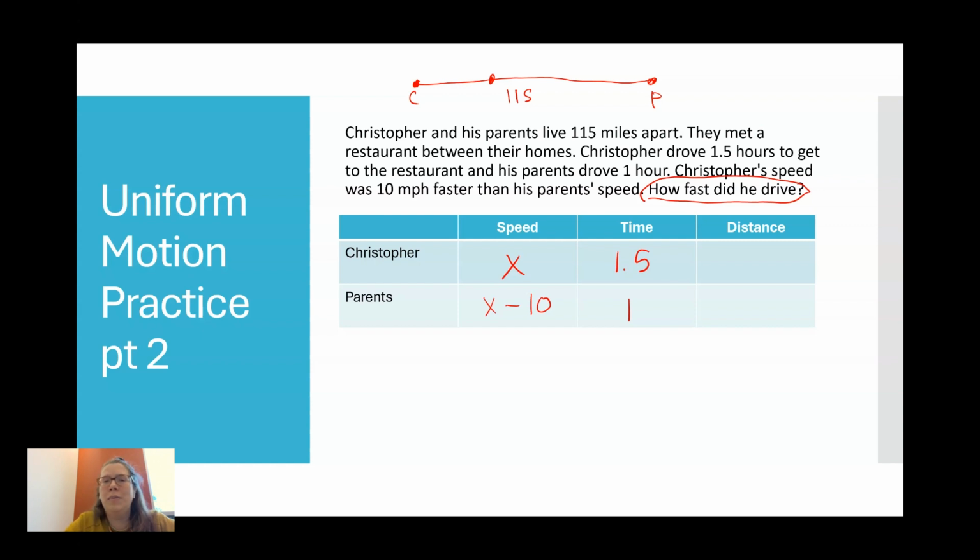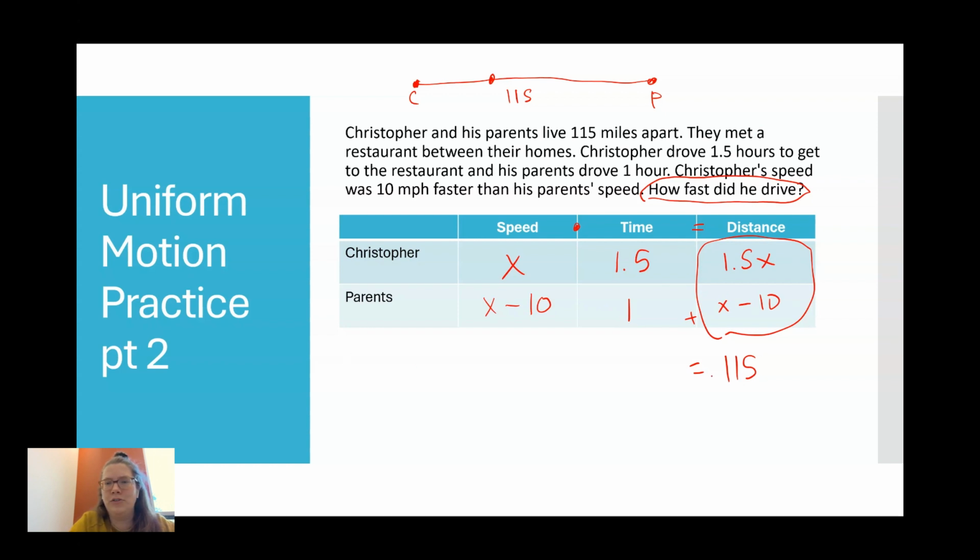And what do I know about distance? I know that all together, like Chris's drive plus his parents' drive, made 115 miles. So this plus this equals 115. Okay, speed times time equals distance. This is just 1.5 times x. And multiplying by 1 is so nice. This is just x minus 10. Okay, let's set it up.